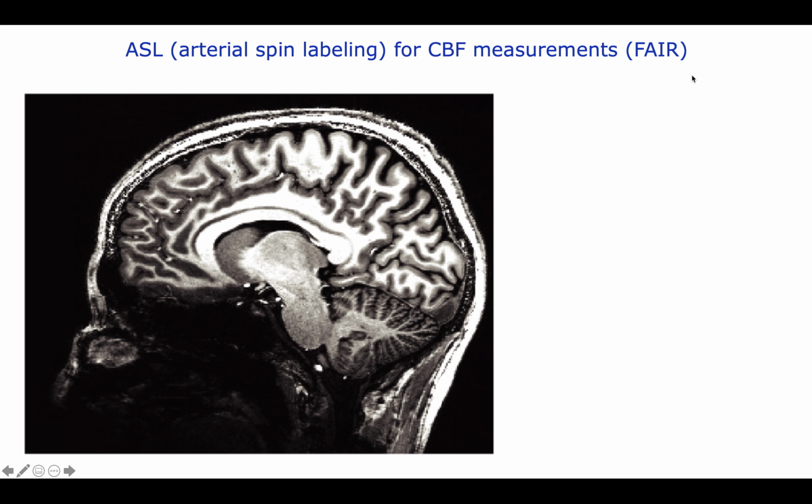But there are also other non-BOLD layer-dependent fMRI methods out there, such as arterial spin labeling to measure cerebral blood flow. There you don't really care so much about the amount of blood volume change in your voxel, but you care more about the amount of blood volume delivery along the feeding arteries.